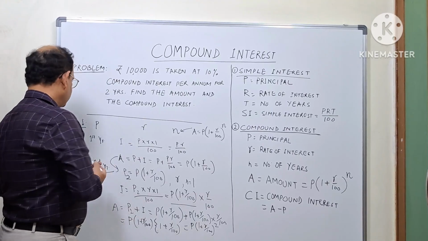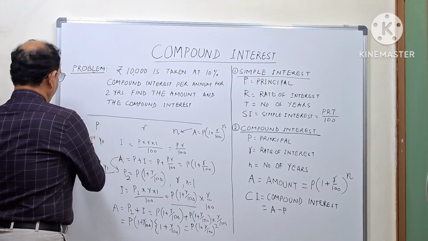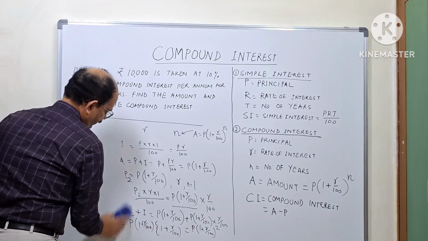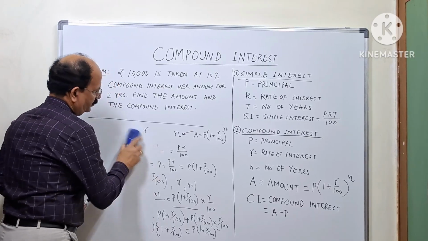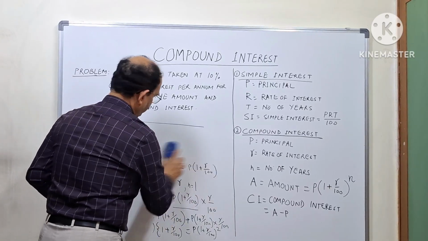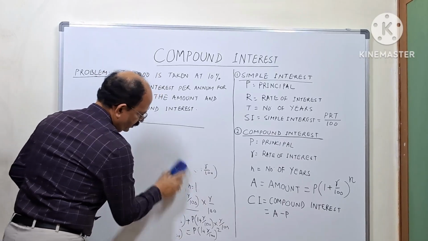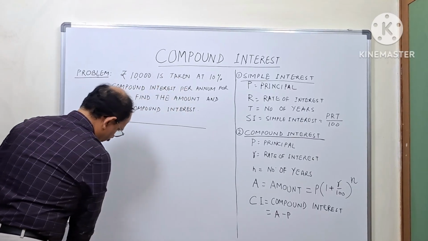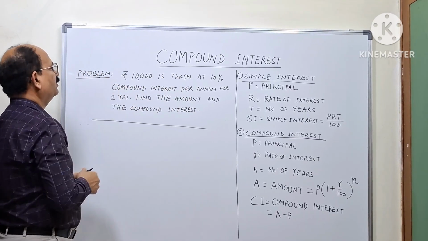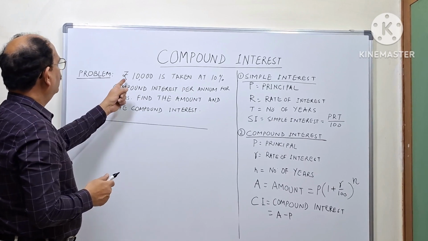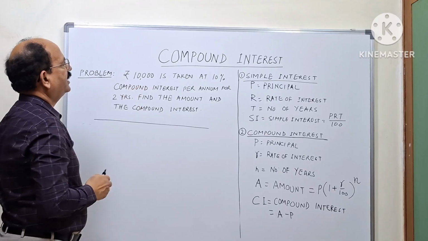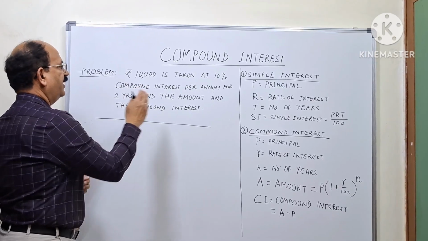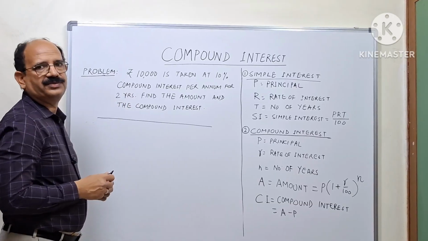Now let's take this as an example and see where we are reaching. Look at this problem. It is saying that rupees 10,000 is taken at 10% compound interest per annum for 2 years. Find the amount and the compound interest.